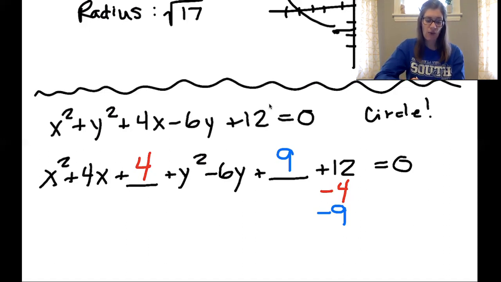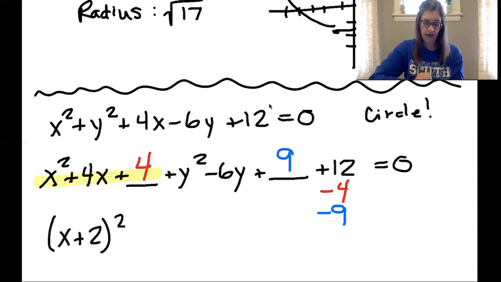Okay, so why did I do that? So that I could take these individual perfect square trinomials and rewrite them as the square of a binomial. So x squared plus 4x plus 4 will factor out to be x plus 2 times x plus 2, which I can write as x plus 2 quantity squared.